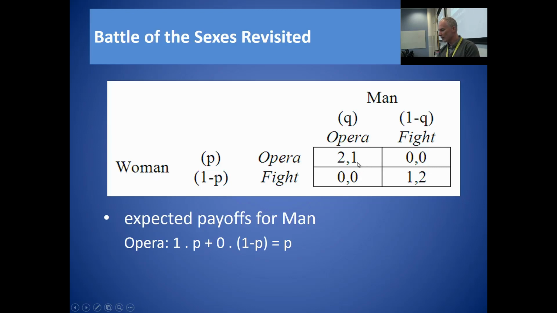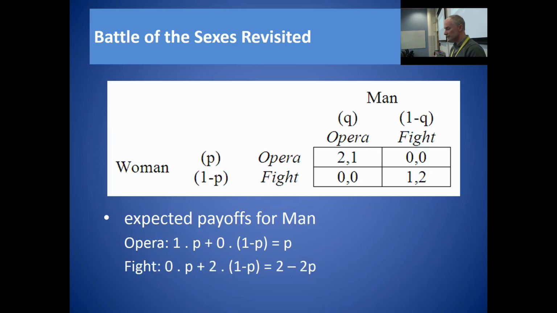Well, he will get a payoff of 1 with a probability of P and a payoff of 0 with a probability of 1 minus P. 1 when the woman goes to the opera, 0 when the woman goes to the prize fight. So that's what we've got here. 1 with a probability P, 0 with a probability of 1 minus P. Simplified out, and his expected payoff of attending the opera is P.